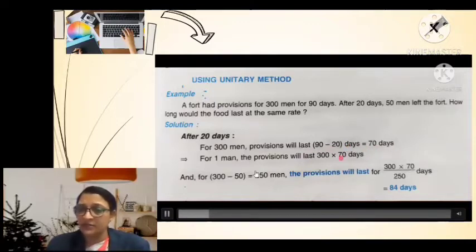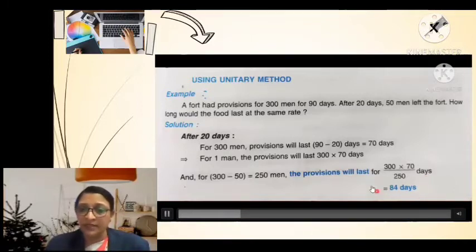That is 70 days. And the provision will last for one man 300 into 70 days. As 50 men left the fort, we have to reduce this 50 from 300 men. So 250 men. So for the 250 men, provision will last for 300 multiplied by 70 divided by 250 days.